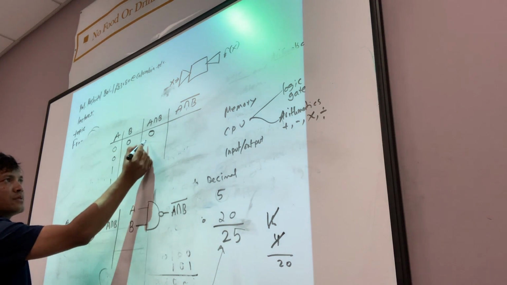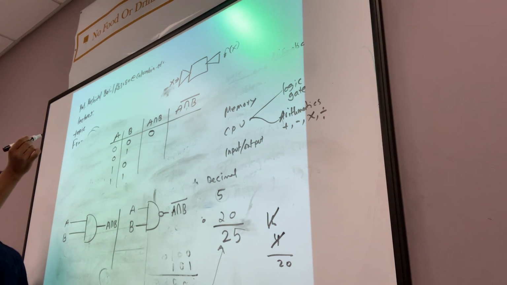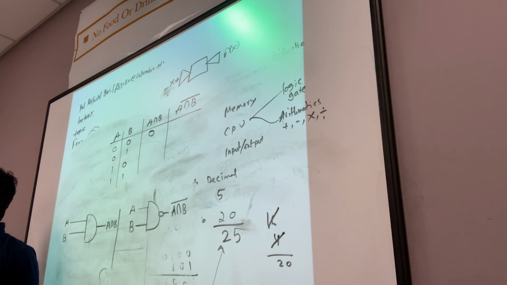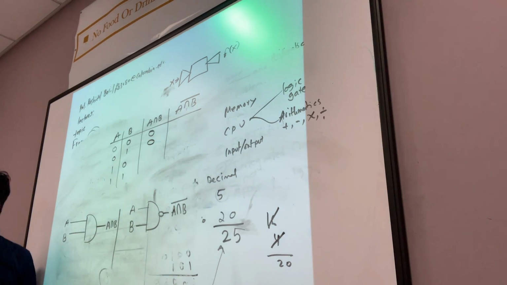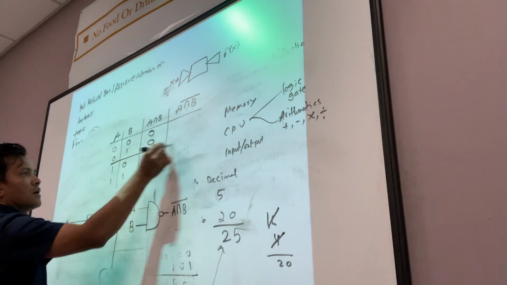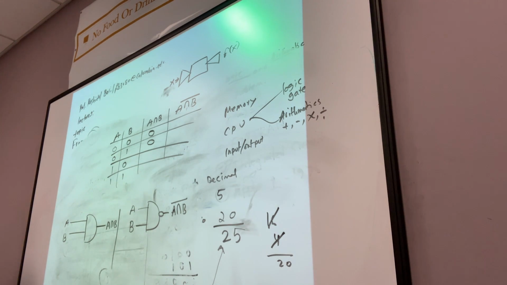What about this one? Off, on. How many people think it is on? If it is 1, raise hand. 3, 4, 5. Okay, so 0 and 1 is 0. Oh no, it's not adding. It's the truth table.